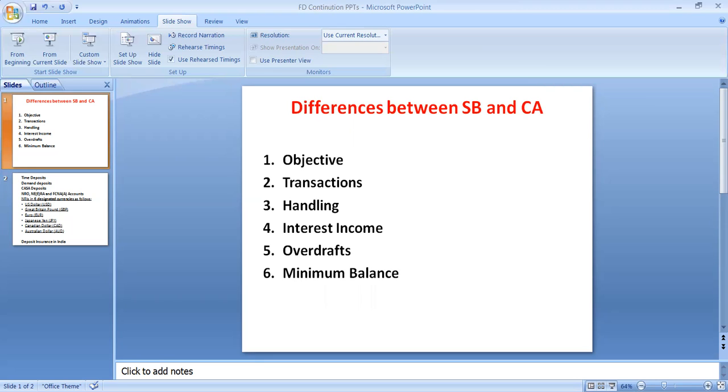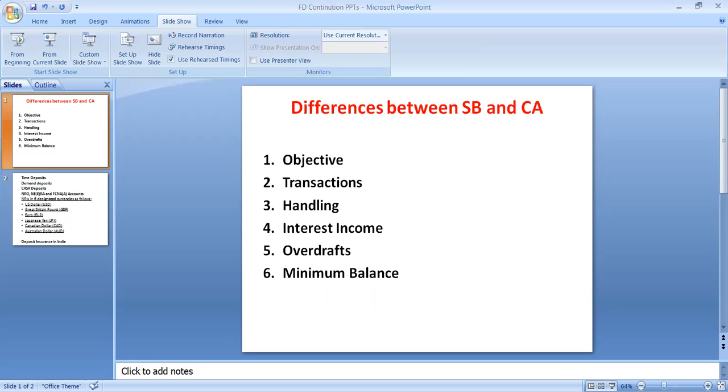These payment methods include the special arrangements such as overdraft facility, accommodation of standing orders, direct debits, offset mortgage facilities. So all these are the objective of the current account.